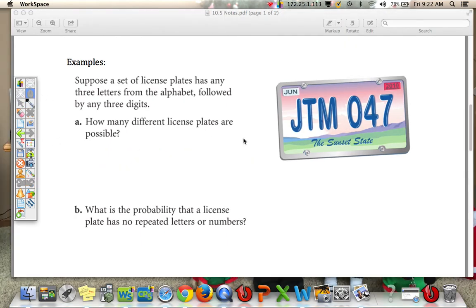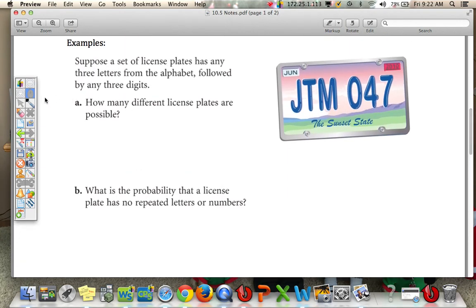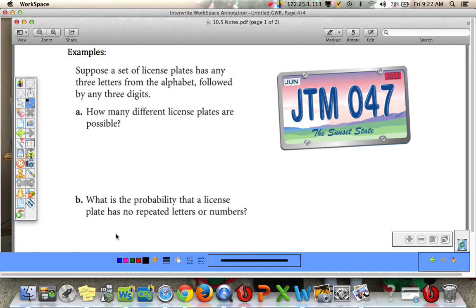Let's look at B. What is the probability that a license plate has no repeated numbers or letters? Okay, so again, I'll make my list here. So we have 3 letters, 3 numbers, but now there's no repetition. For the letters, we have 26 letters to choose from for the first letter, but then we've used a letter, so we have 25 for the next letter, 24 for the next.